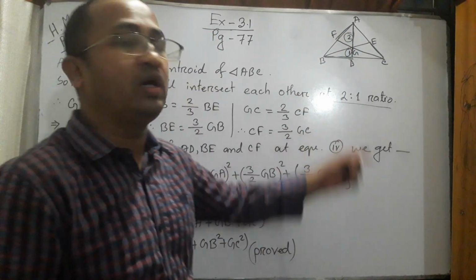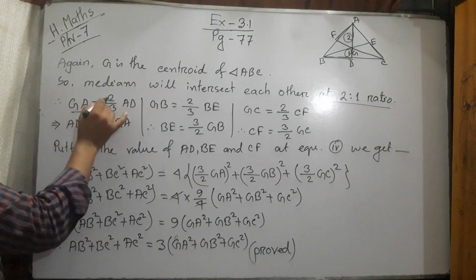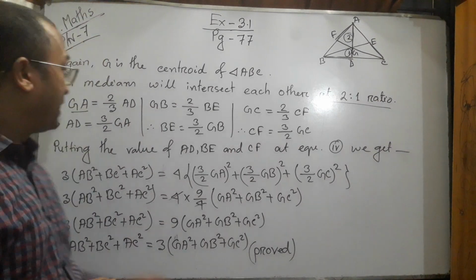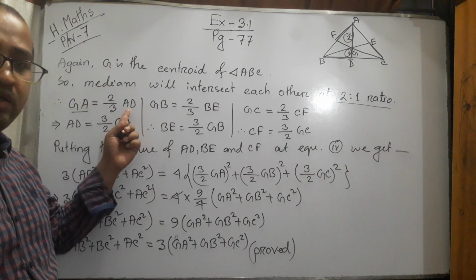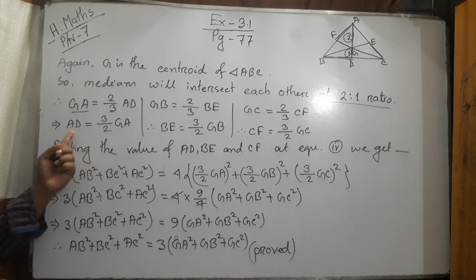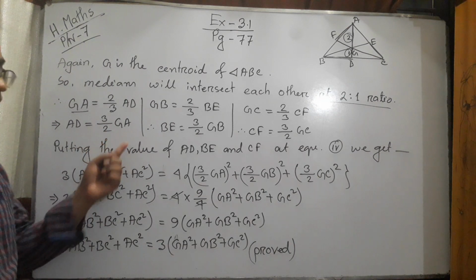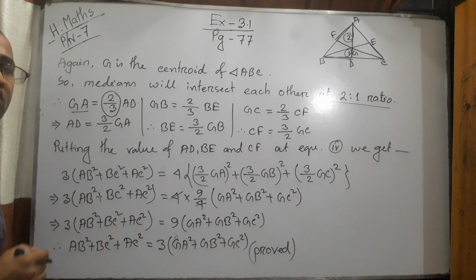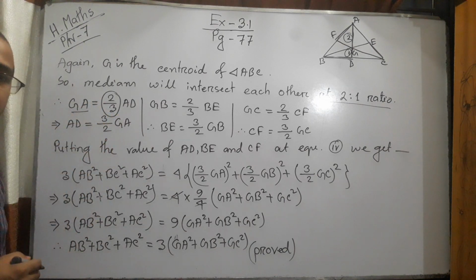This is 2:1 ratio. So we can say GA is 2 parts out of 3 parts of the median AD. If GA is 2/3 of the median AD, then median AD is equal to 3/2 of GA. When you transfer this number to the left side, it will be the reciprocal. 2/3 becomes 3/2.